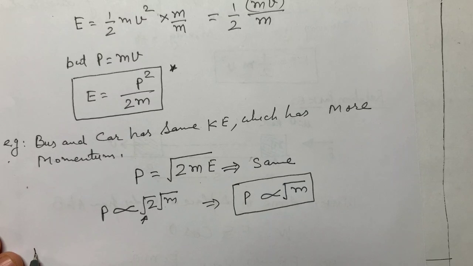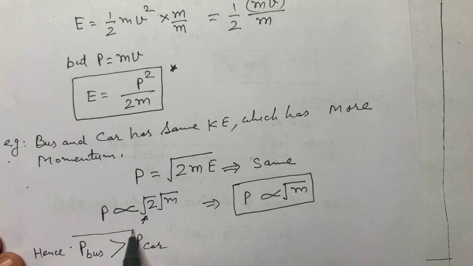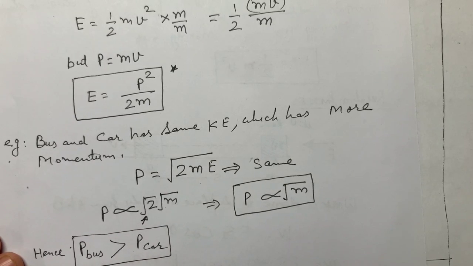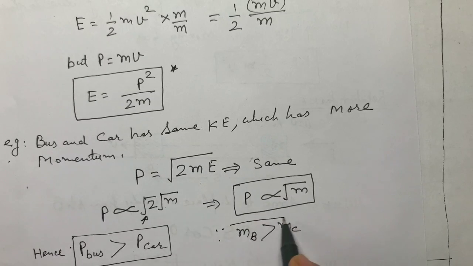Hence we can say that the momentum of a bus is more than the momentum of a car, because the mass of the bus is greater than the mass of the car.